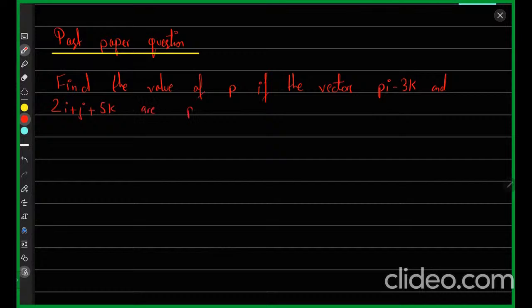And it basically says, find the value of P if the vectors Pi minus 3k and 2i plus j plus 5k are perpendicular.